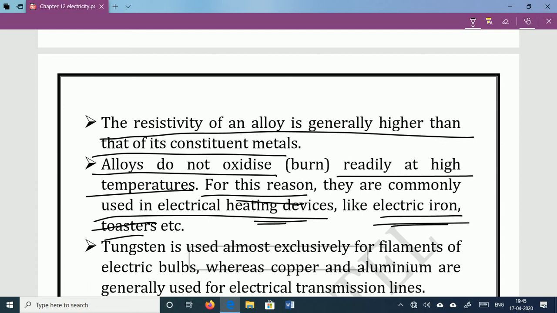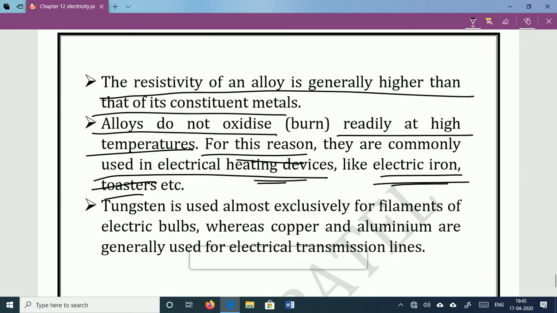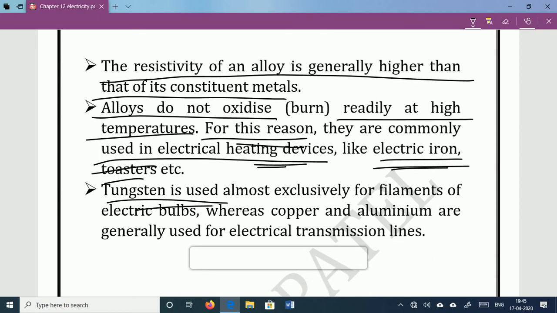Even in a bulb. In the old bulb, the thin spring wire used in the bulb was made of tungsten, used as the filament of the electric bulb.